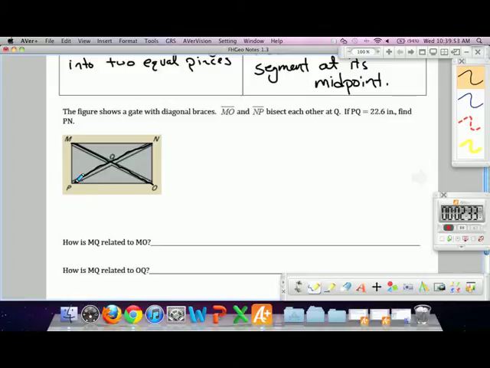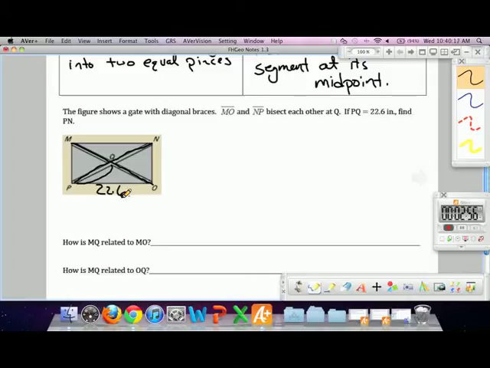So knowing that, if we know that PQ has to be 22.6, then what's the length of PN? 45.2. If we know that PQ, or half of the whole thing, is 22.6, how do we get the entire length?